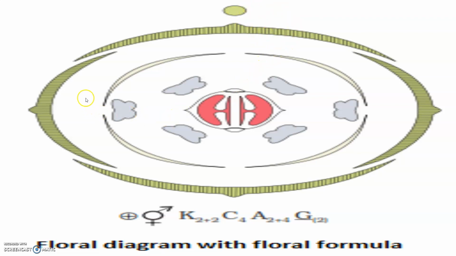Calyx, corolla, androecium and gynoecium are in successive whorls. The calyx is in the outermost whorl, followed by the corolla, then the androecium, and then the gynoecium. So the floral formula also shows the cohesion and adhesion within the parts of the flower and between different whorls.